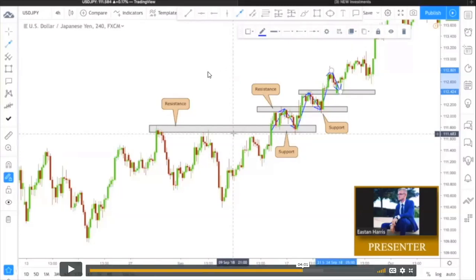You would be able to see the zones. You won't have to go back far, because you've got to remember, on the monthly, each one of those candles takes a month to print. So if you go back too far, you'll be a couple of years back on the charts.